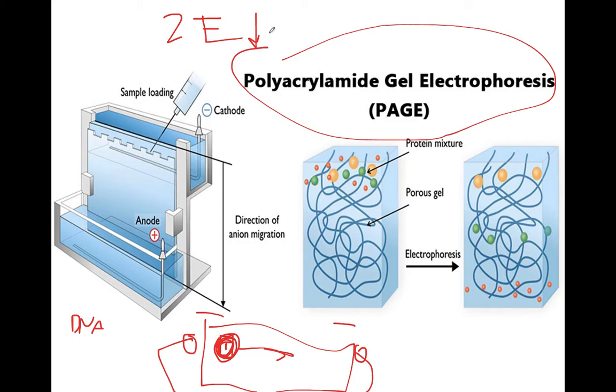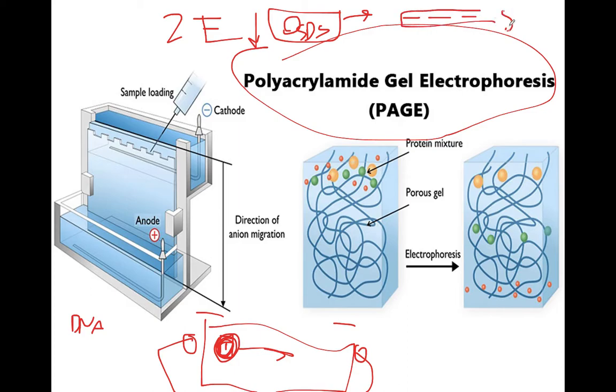Now let's take an example. If we have the denaturing condition, we take the protein and treat it with a detergent, SDS, before we go to the electrophoresis. What will happen when we treat it with SDS, an anionic detergent? My protein will have the same charge as DNA, but lose its normal shape.